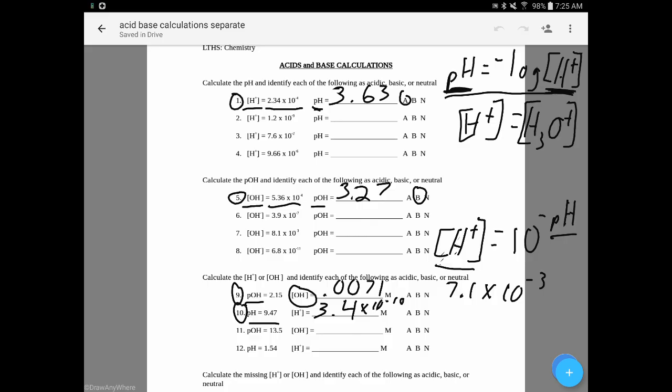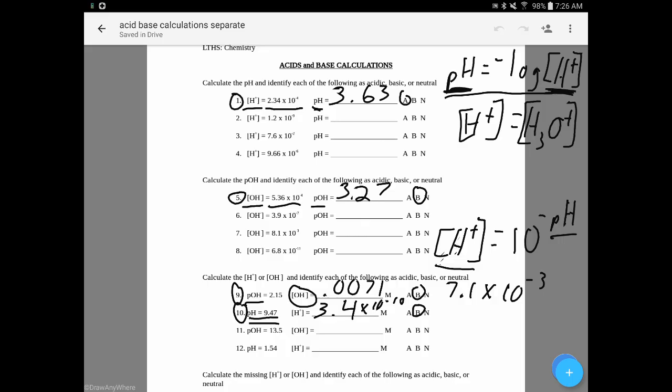Now, to determine if these are acidic or basic, you can do it two ways. You can look at the pH or the pOH. pH here is greater than 7, so that means it's basic. And this is pOH, so remember that's the inverse of pH. Since it's less than 7, that would mean it is basic, because when pH is less than 7, it's acidic, and when pOH is less than 7, it's basic.